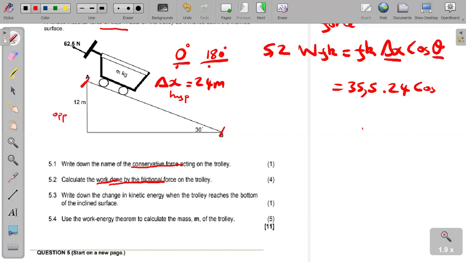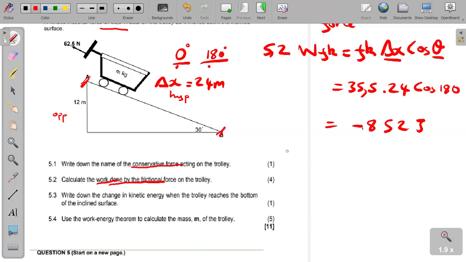Displacement is acting from A to B, but kinetic frictional force is acting in the opposite direction. For that reason, it's going to be 180 degrees. When we multiply 35.5 times 24 times cos 180 degrees, the calculator gives us negative 852 joules. That is the work done by the kinetic frictional force.